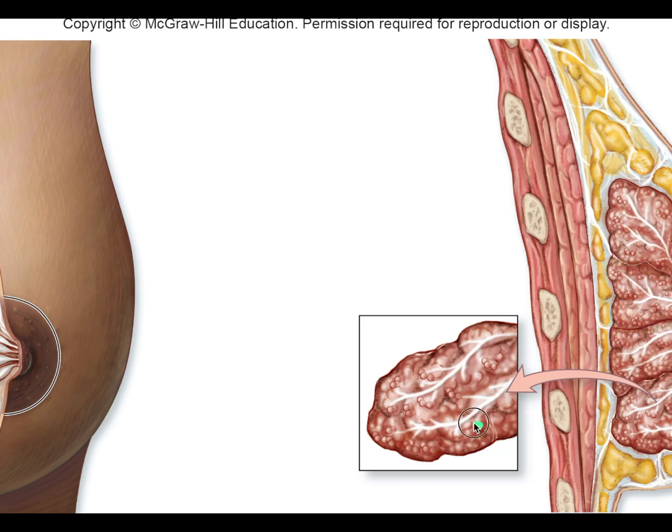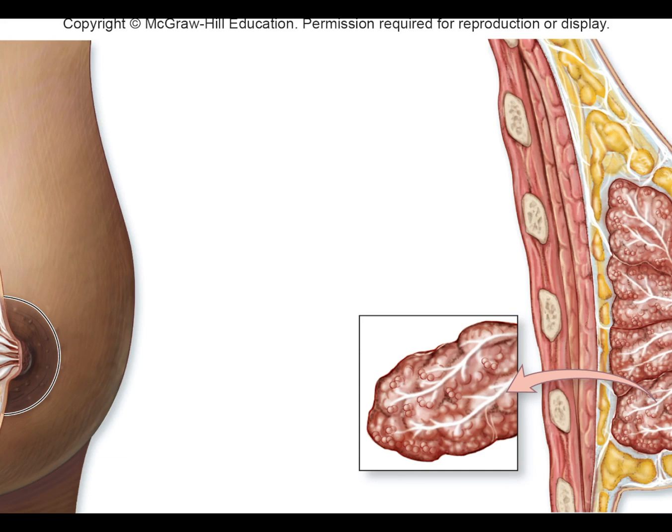But the little glandular tissue structures that produce milk are the actual lobules that have milk producing alveoli in them. Not the same as the ones that are in your lungs, but similar structure. And then the milk travels through these ducts, and then the milk ducts will empty into the nipple here.